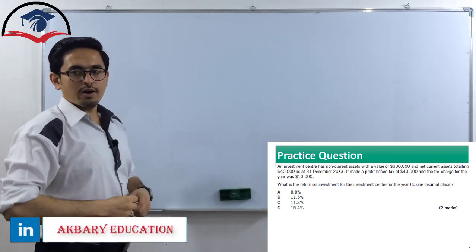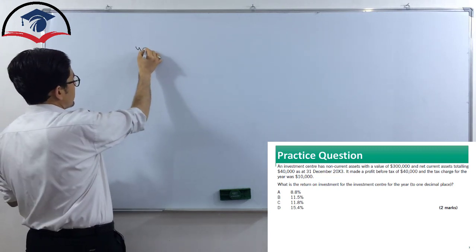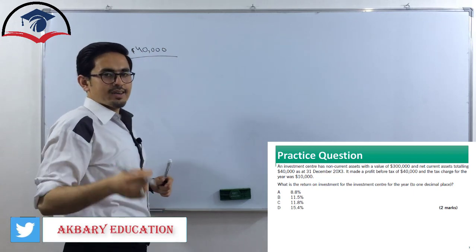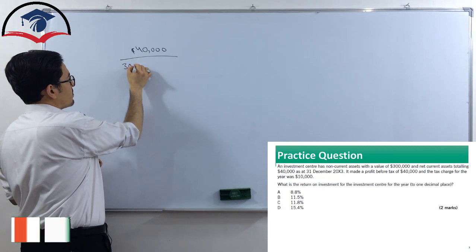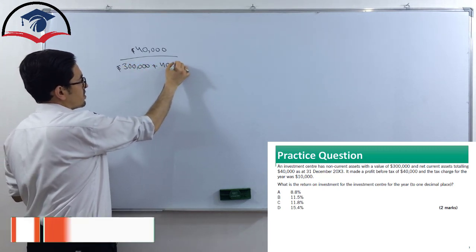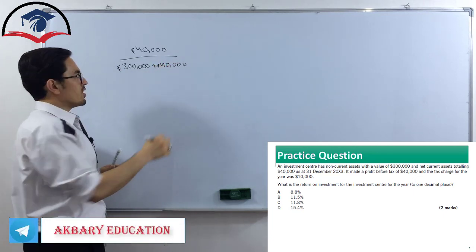To continue, we have the profit of the business, PBT, of $40,000, and dividing this by the capital employed, which was the addition of the non-current asset of $300,000 plus $40,000, both together equal to $340,000.